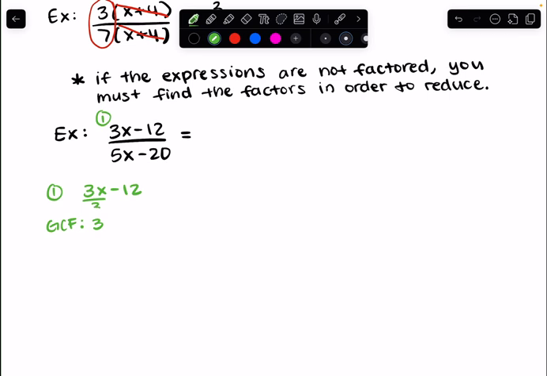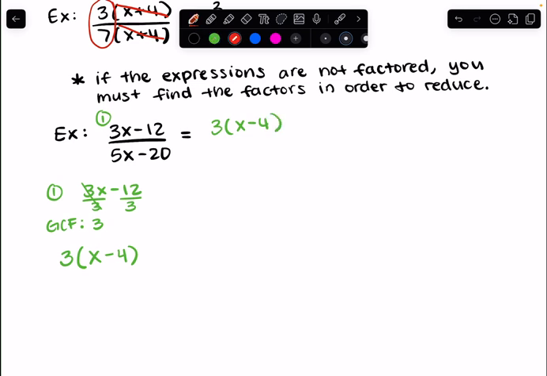So if I were to divide this term by 3 and this term by 3, again, when you take out your GCF, it doesn't go away. It just hangs out there on the side. This first part right here, 3 divided by 3 is just 1, so you're left with x. And then 12 divided by 3 is 4. So here is what the numerator would look like when we factor this out.